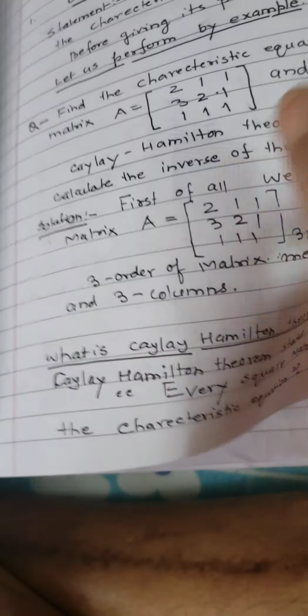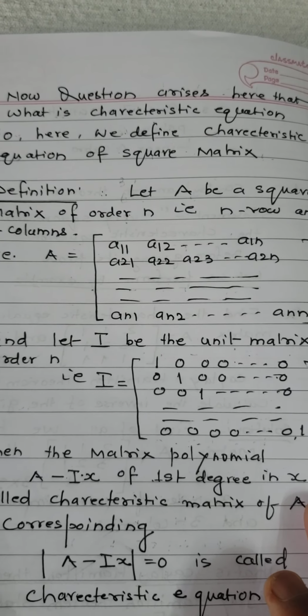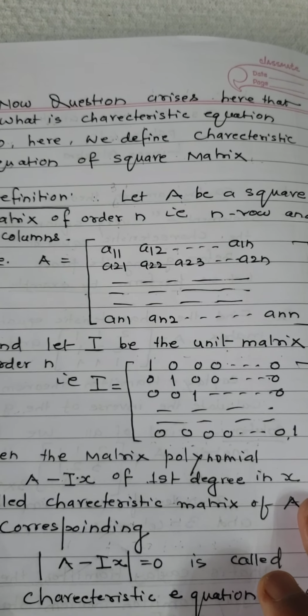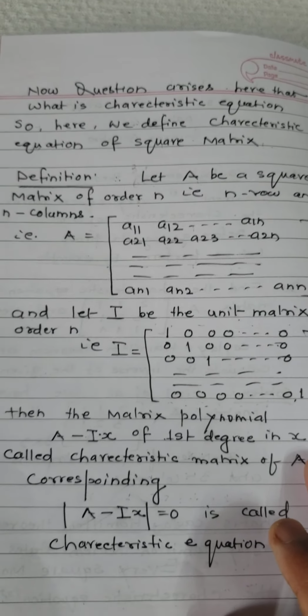First, you see what a characteristic equation is. The definition: let A be a square matrix of order n. Order n means n rows and n columns.